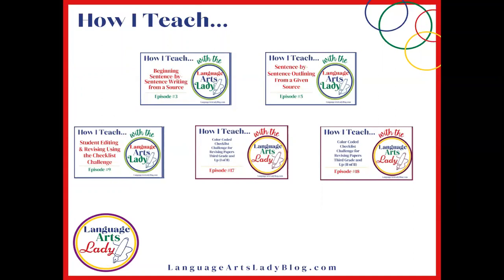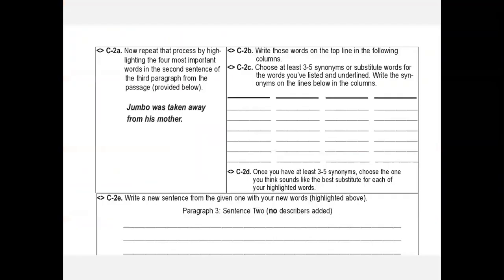That is sentence writing to begin with, and then moves into paragraph writing. The next one is episode 5, where I teach how to outline from a given source from a Tools and Tricks book. And then there are 3 checklist challenge episodes. Those will really give you the background that you need to teach how to write from an outline, how to create an outline, and how to do the checklist challenge.